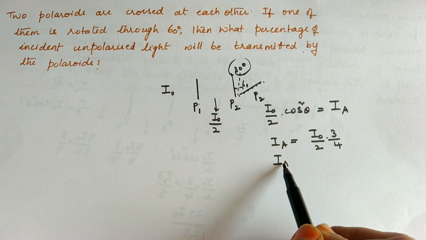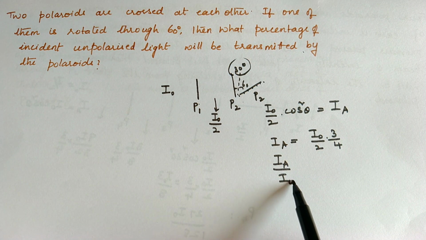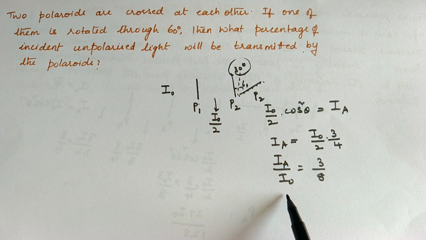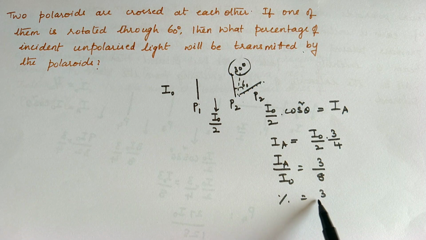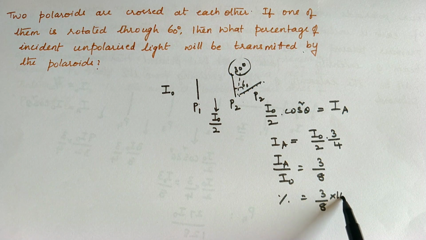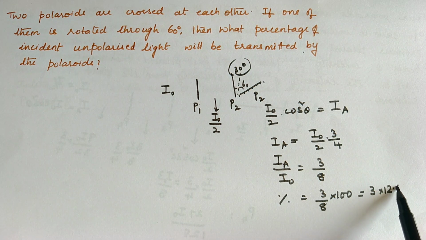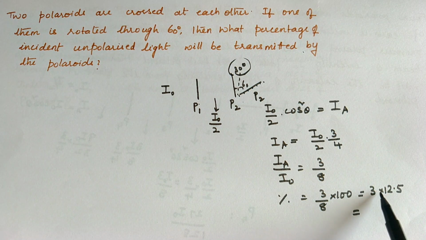Since the answer is in percentages, IA by I naught is 3 by 8. So percentage value will be 3 by 8 into 100. 3 into 12.5, 37.5%. So 37.5% is transmitted by the polaroids.